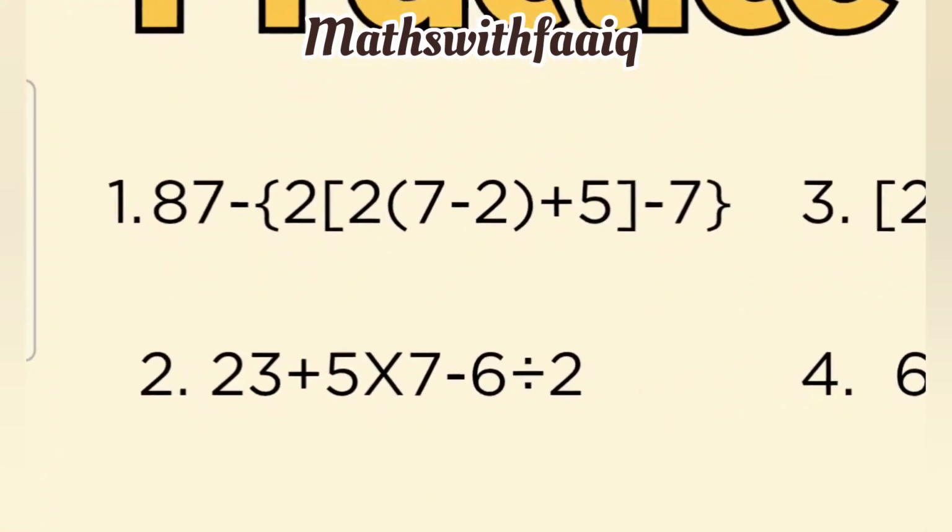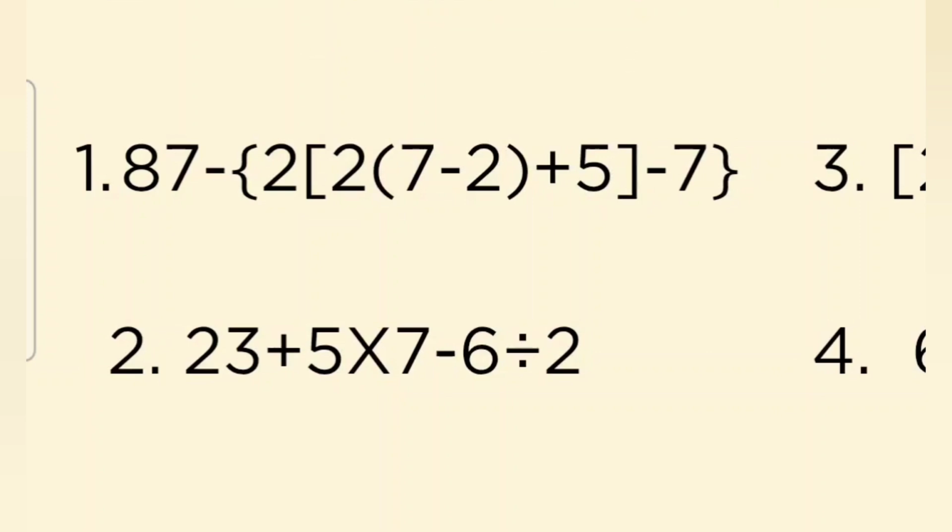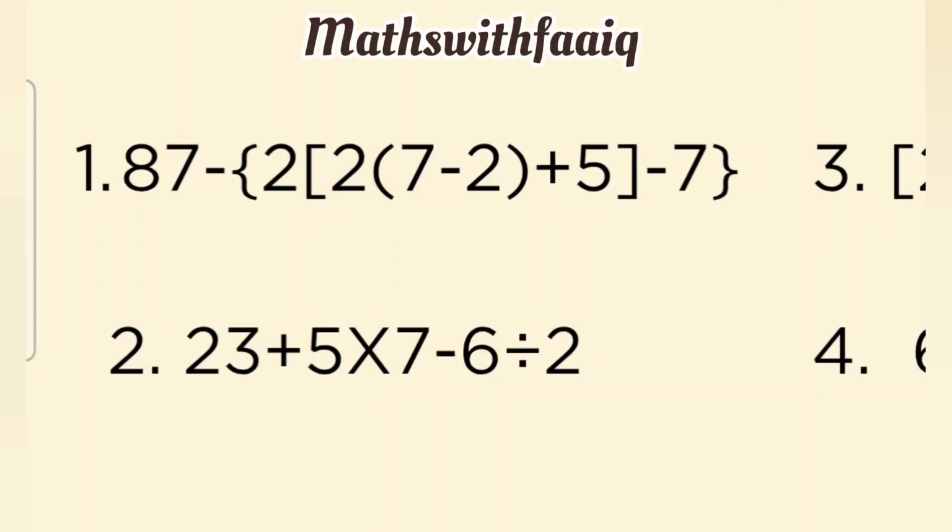So what that means is you solve everything inside the bracket first. You solve everything inside the bracket, everything here first. After solving everything here, you start solving from the inside. After solving this one, 7 minus 2, you now solve the next bracket.